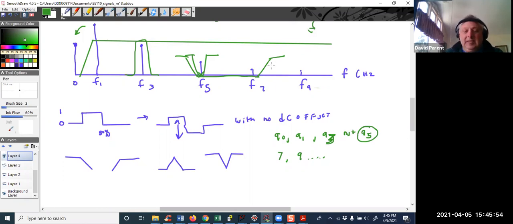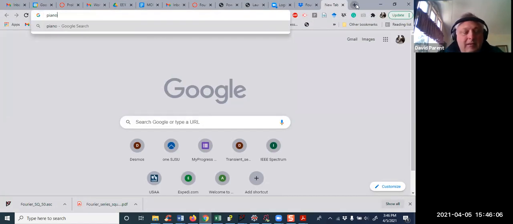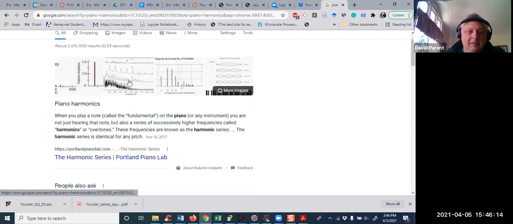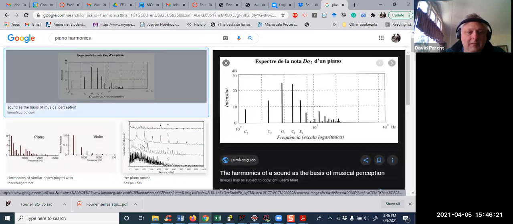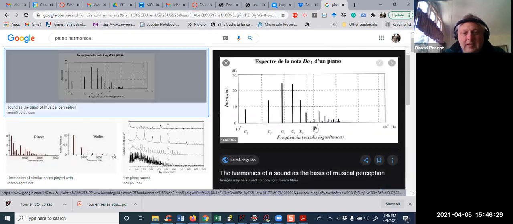So the thing is, let's see if this will work. Okay, I'm thinking this is Italian, but I see Hertz, a spectre, which looks like spectrum, nota, notes, of a piano.